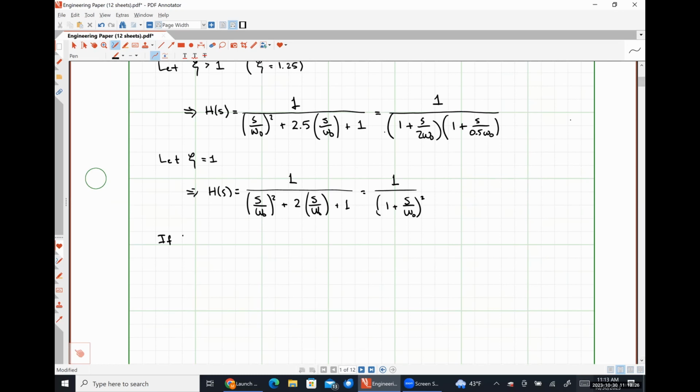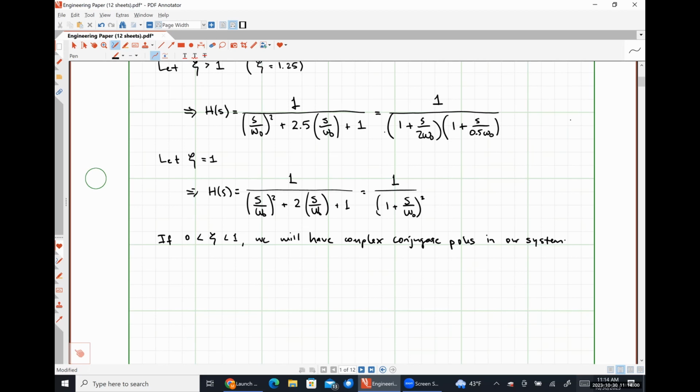So if 0 is less than zeta is less than 1, we will have complex conjugate poles in our system.